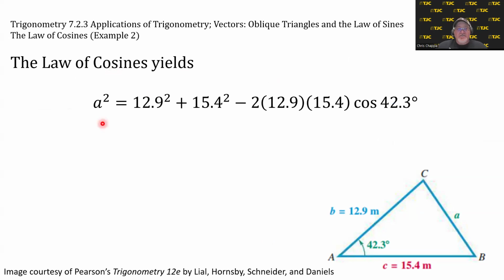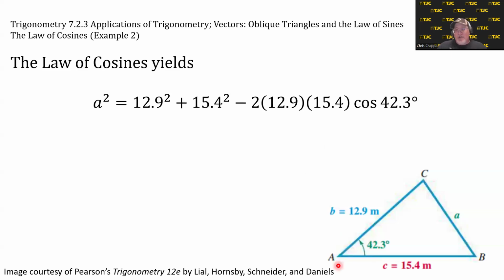The law of cosines yields a squared equals 12.9 squared plus 15.4 squared minus 2 times 12.9 times 15.4 times cosine of 42.3 degrees. This can be set up either using an ABC version of the law of cosines, or the generic version that focuses on the relationship between the sides and the angle.